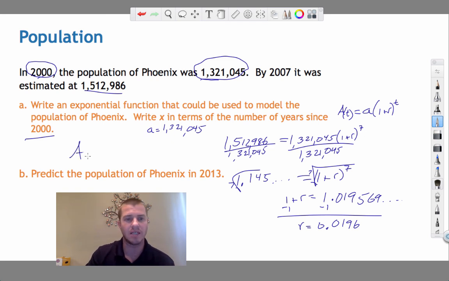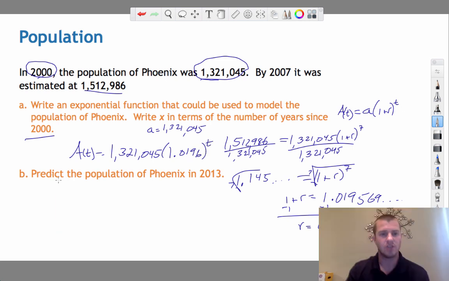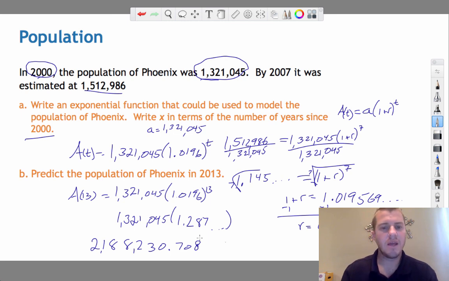So the formula is A of T is equal to my A times 1 plus that R, raised to the T. To predict the population of Phoenix in 2013, I do the same thing. I'm finding A of 13, plugging 13 in for T because that's how many years there have been since the year 2000. When I do my order of operations, I do the exponent first, which gives 1.287 and so forth.